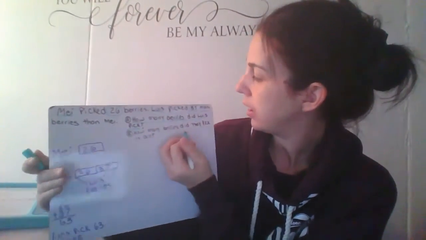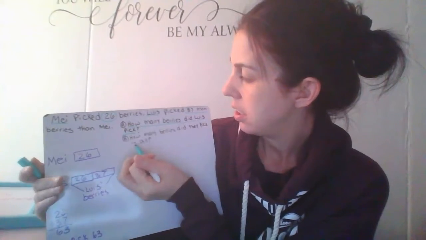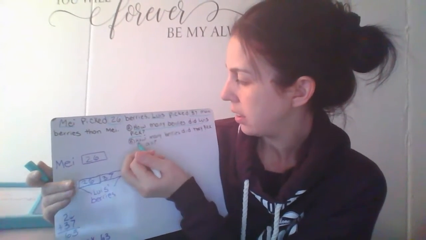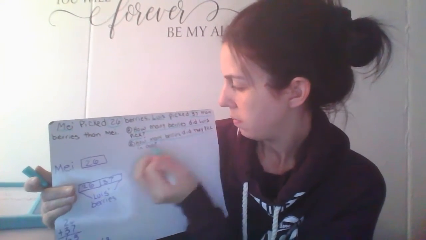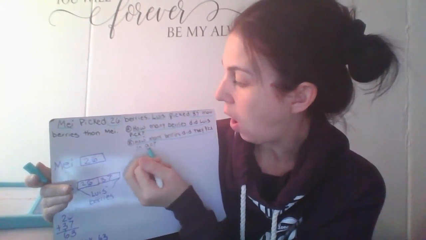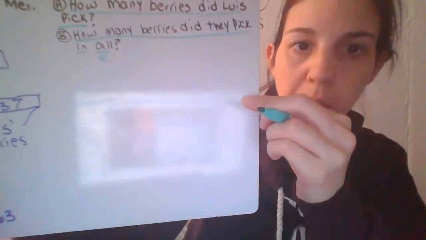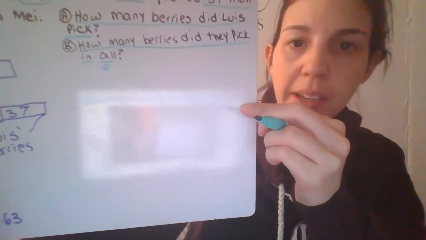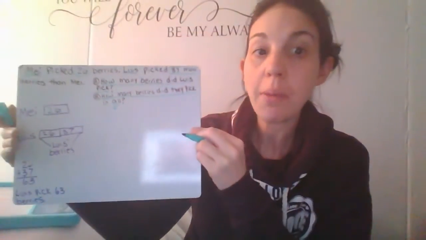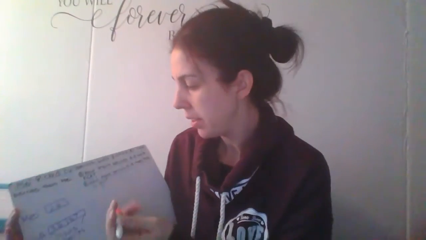Okay, so first thing I'm going to do is I'm going to underline how many did they pick in all. I'm going to do a couple extra lines under all. Super important. Okay? So how many berries did they pick in all? So I'm going to use another tape diagram. And I'm going to make sure I label it.